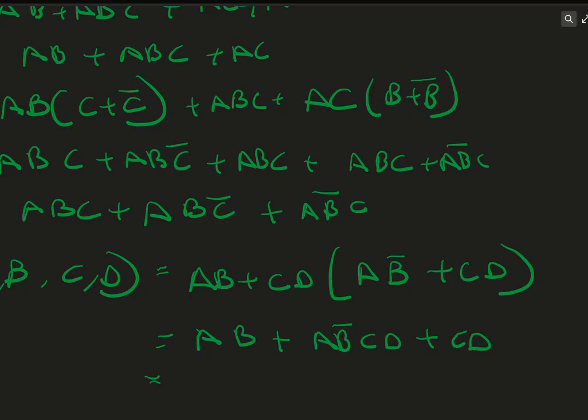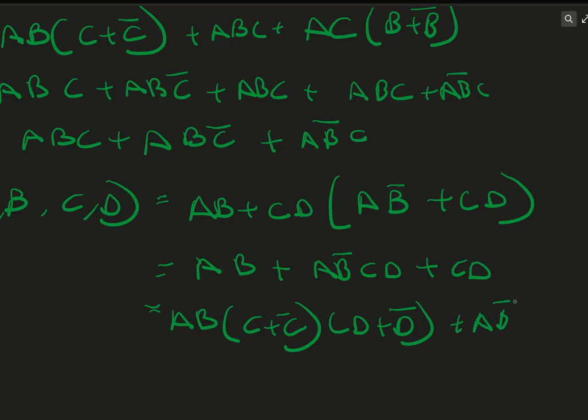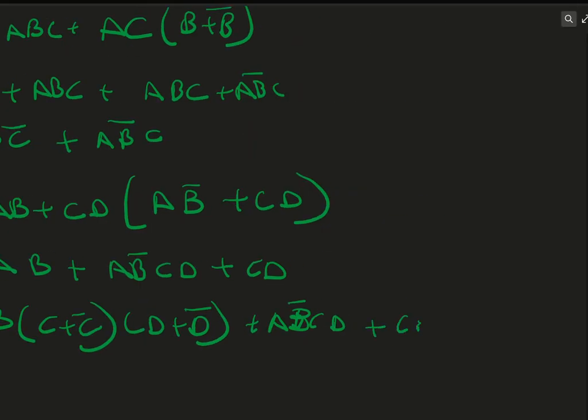So what we do is we continue to multiply with them, C plus C prime, D plus D prime, plus A B prime CD remains. Plus the same goes for CD, A plus A prime, B plus B prime.